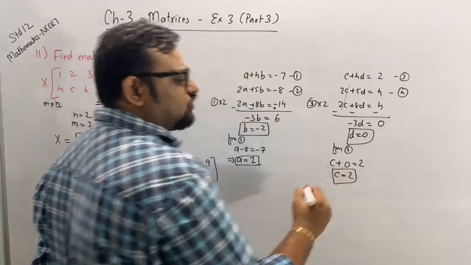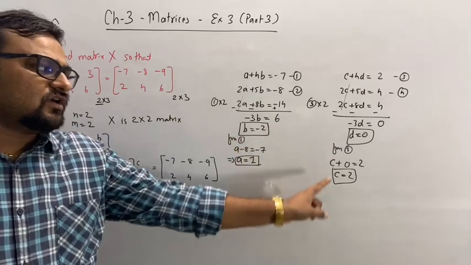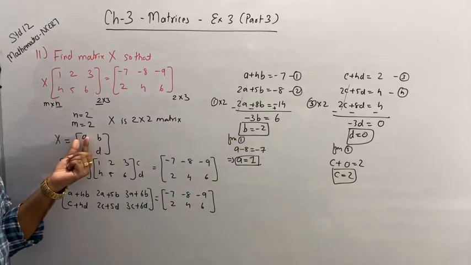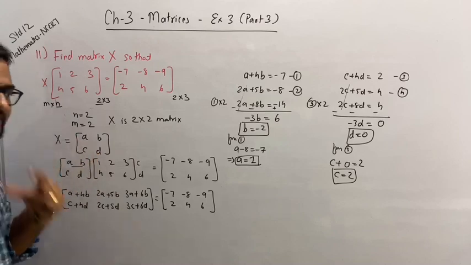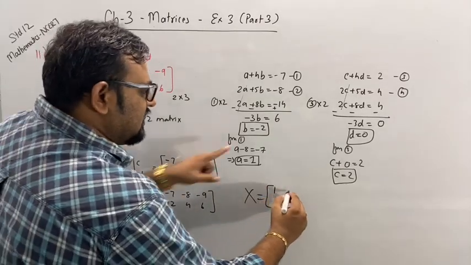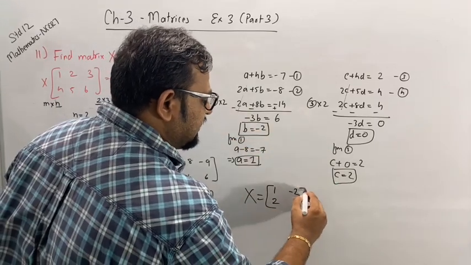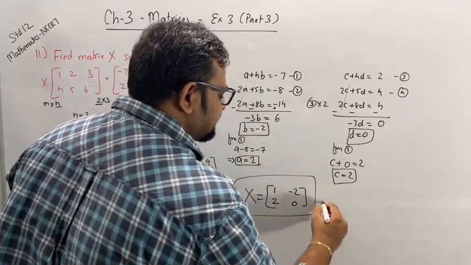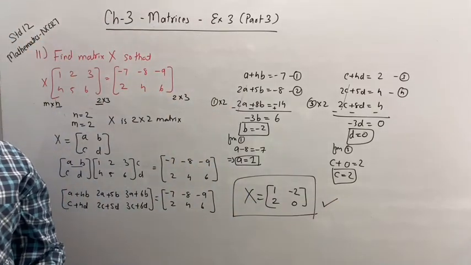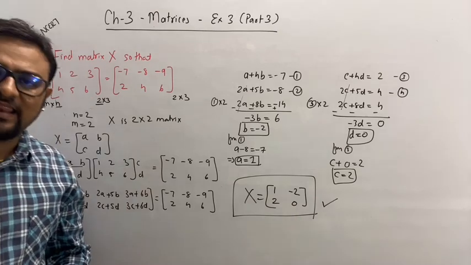C equal to 2. So I found all the values of all the elements of matrix X. So matrix X will be equal to A means 1, B minus 2, C 2, and D 0. This is matrix X. Clear? So note down question number 11.